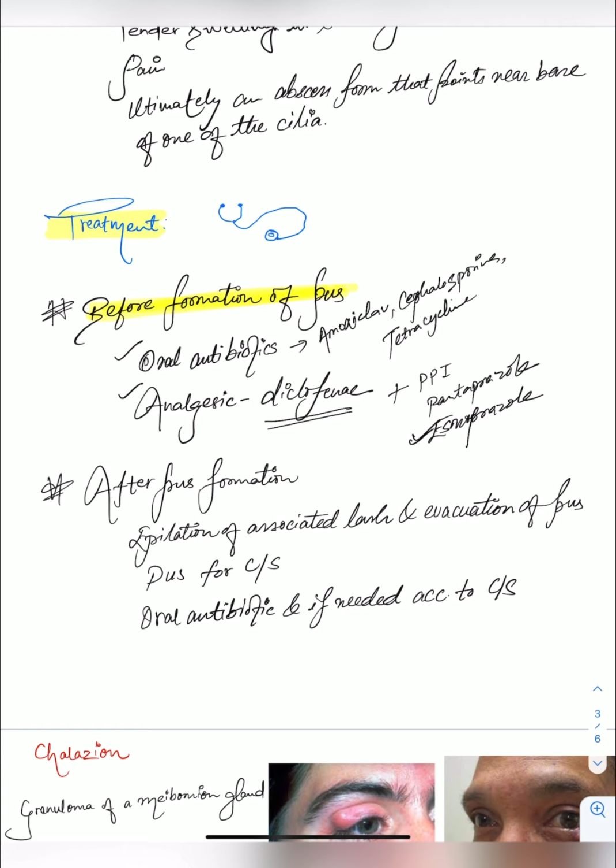You should give antibiotics in the respective dose. Like you can give amoxiclav for 7 days, 3 times daily after meal. And with that, analgesics like diclofenac twice daily or once daily after meal during the pain. With the analgesic you should add a PPI like esomeprazole once or twice daily. If the analgesic is given twice daily, then esomeprazole also twice daily, before meal on an empty stomach.